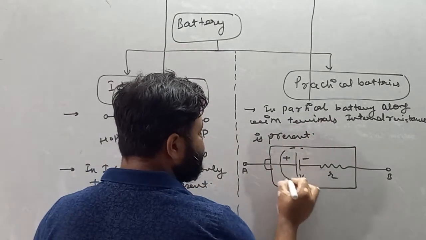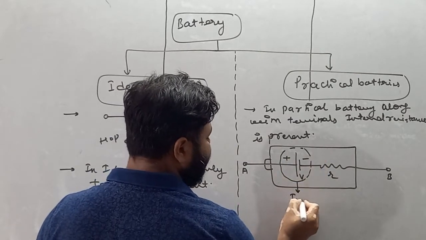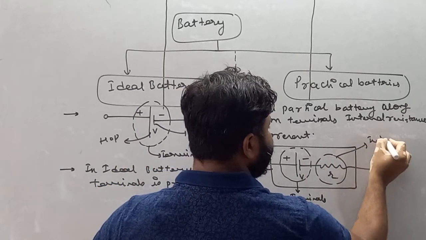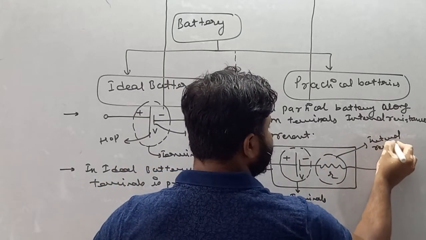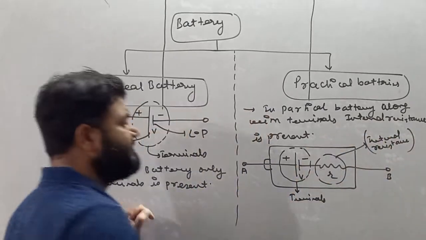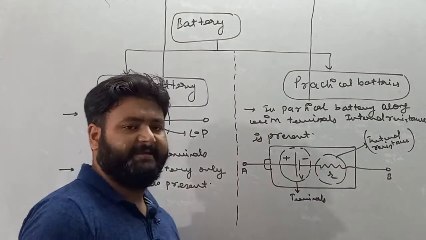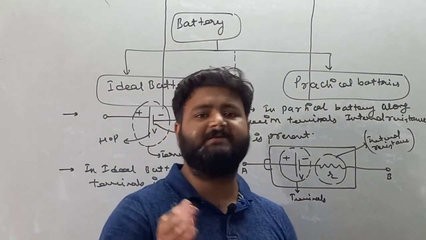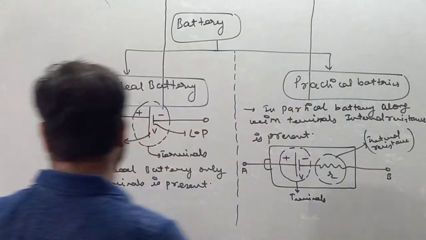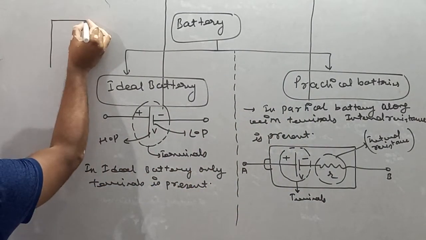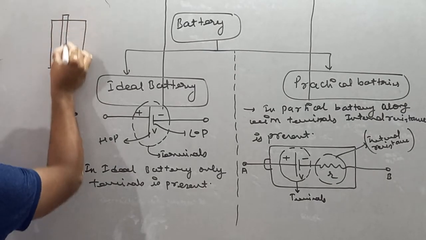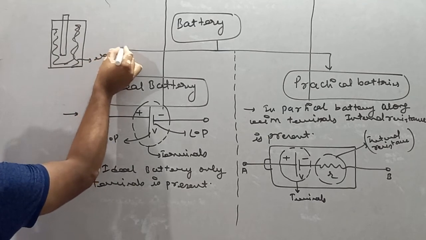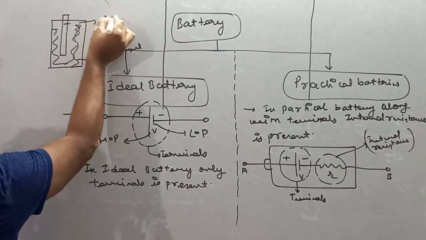Now see, this positive and negative combination is called terminals, and this resistance is called internal resistance, which is present in this battery. Now the question is how internal resistance is created. As we know, you have already studied in chemistry that in any battery two things are there: one is electrolyte and the other is electrode.